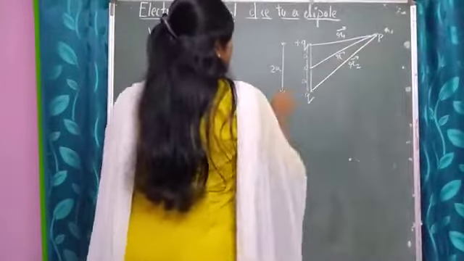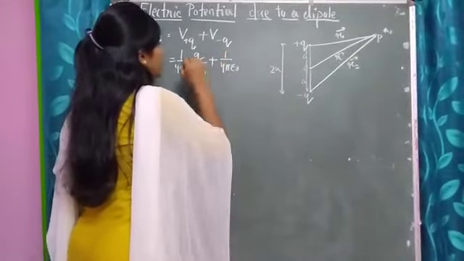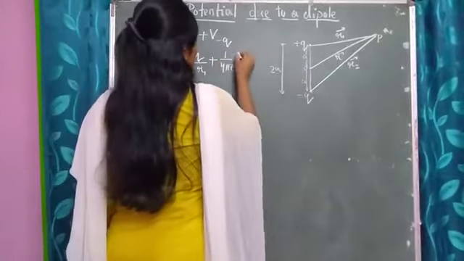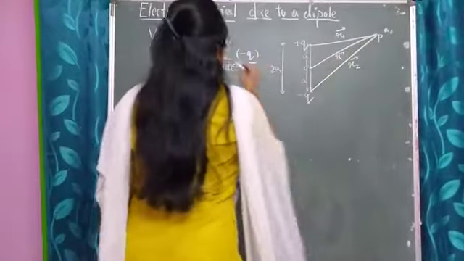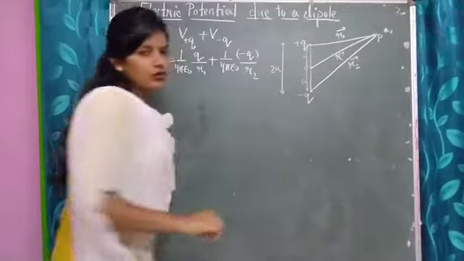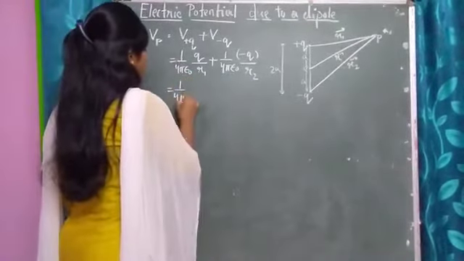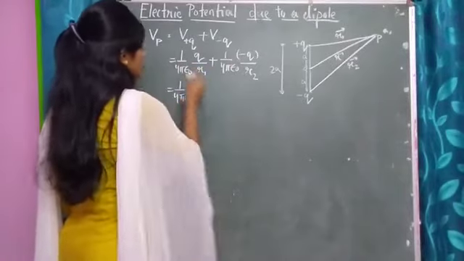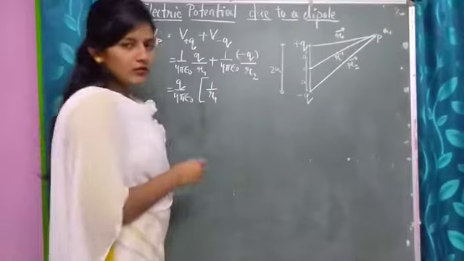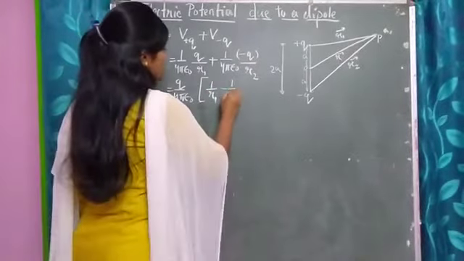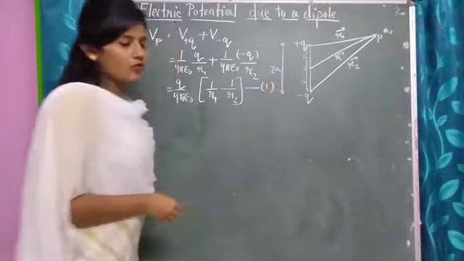Then plus V due to minus q. V at P due to minus q will again be 1 by 4 pi epsilon naught, and in place of q, I will write minus q by R2, the distance. So 1 by 4 pi epsilon naught, q will be common, and I can write 1 by R1 minus 1 by R2. So let it be equation 1.